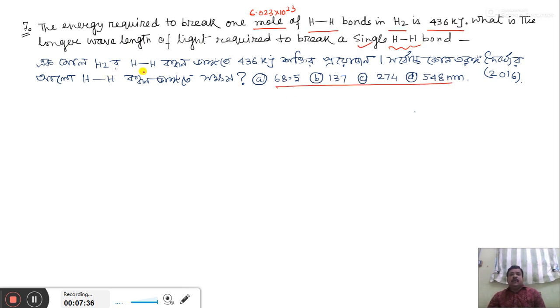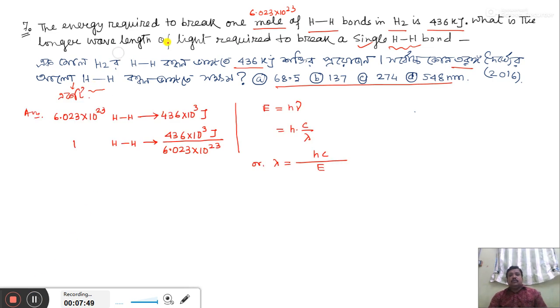From the question we know 1 mole of H-H bonds, that means 6.023 into 10 to the 23 H-H bonds, requires 436 into 10 to the power 3 joule of energy.